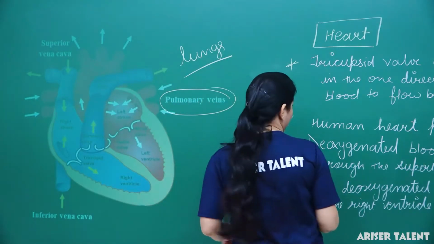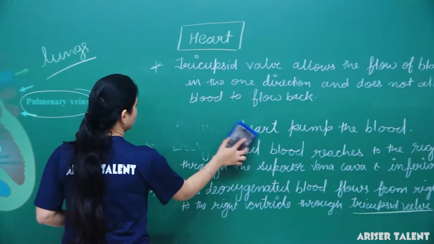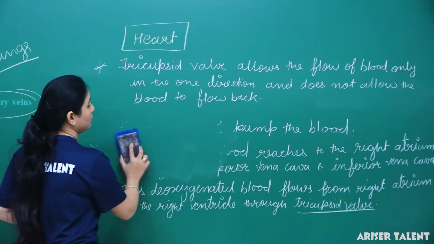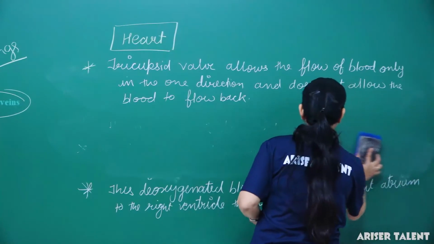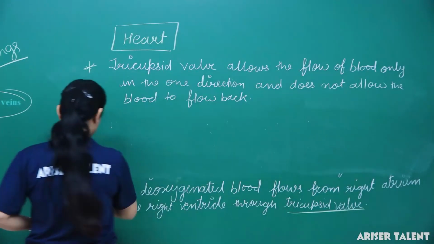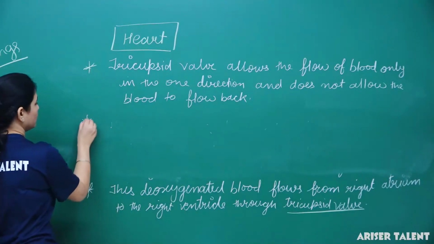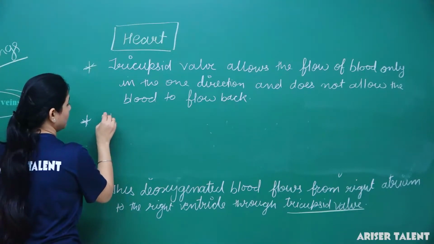Okay, next is, we all know that the pulmonary artery arises from the right ventricle only. So here blood goes, which blood?